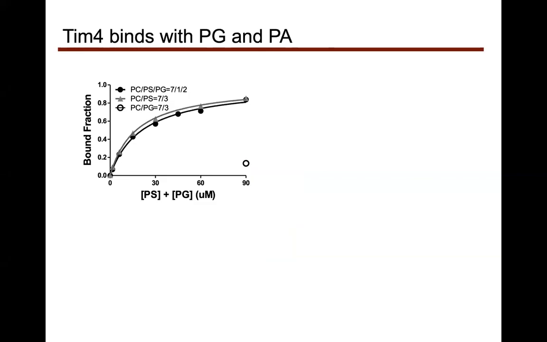This data is quite dense, but what I'm trying to show is that with TIM4, if I replace part of the PS by PG, keeping just 10% PS with 20% PG, you reproduce a very similar binding profile. But if I remove PS altogether, you get very, very low binding.